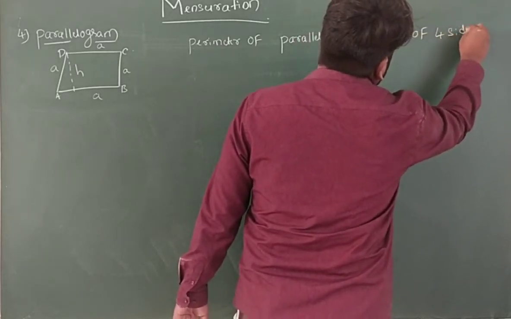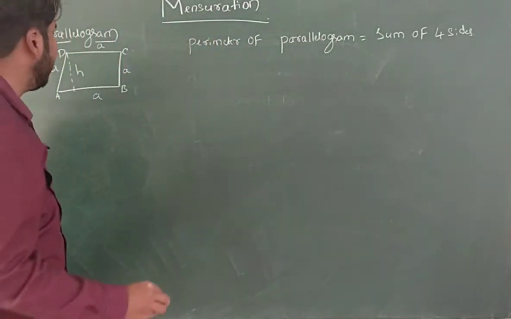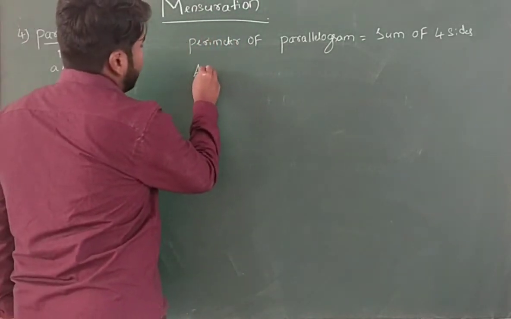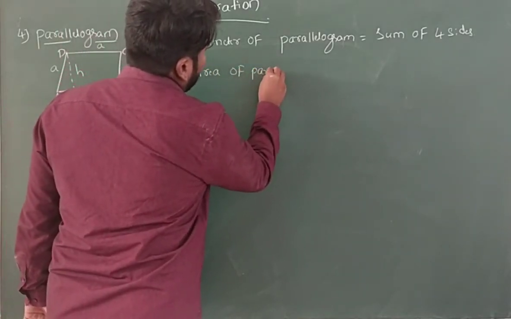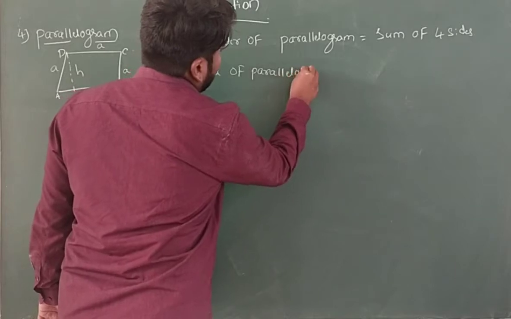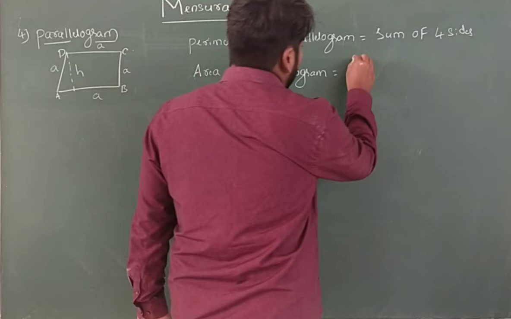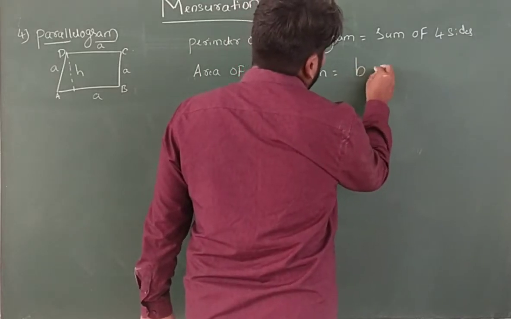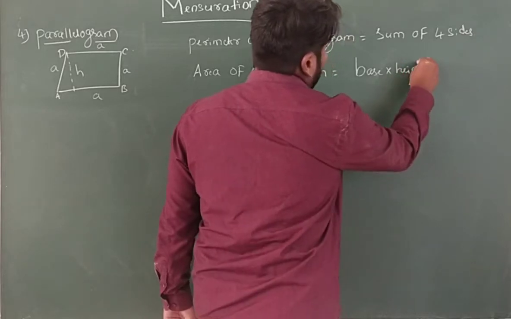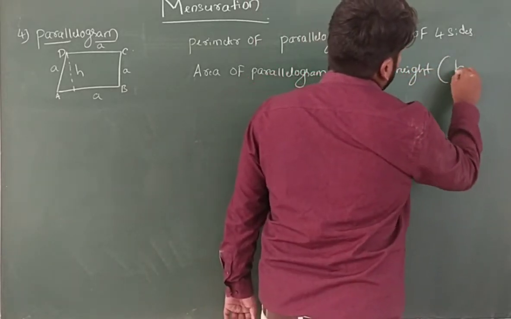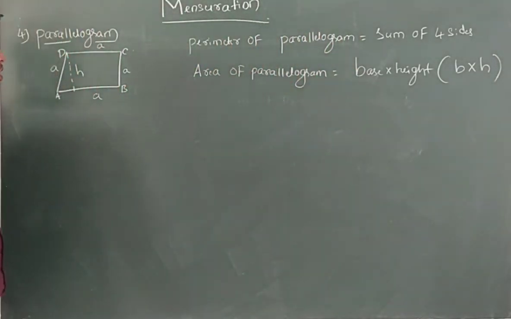Okay, and what we can write for area of parallelogram? They given the formula as base into height, or you can write B into H. B into H is your area of parallelogram.